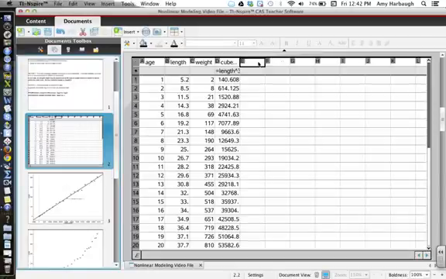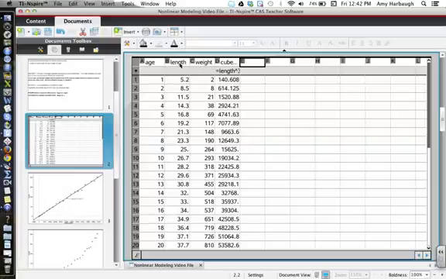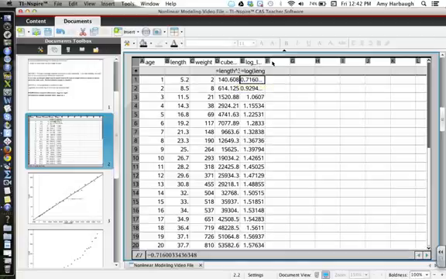And the length, by the way, is in centimeters and the weight is in grams. I looked that up, and those are our units. Here I'm going to call this the log of the length, so the log of the x variable. I'm just typing in log_length, enter, it fills that in for me.